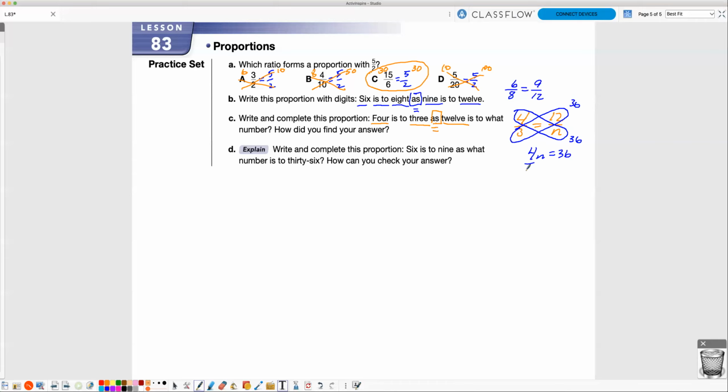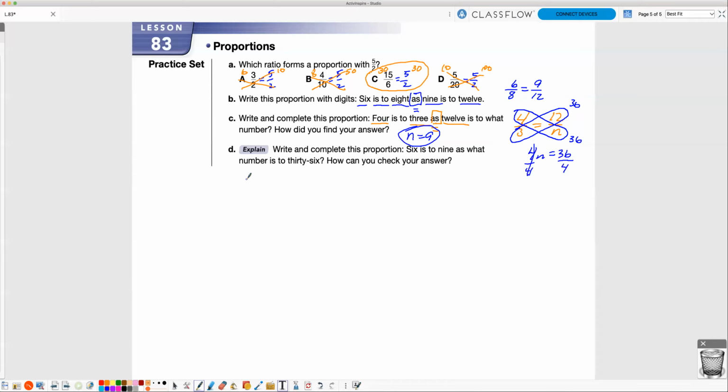And if I divide this side by 4 and I divide this side by 4, I end up with 1 times n. And now n by itself equals 36 divided by 4. That means n equals 9. That'd be my final answer. I should have this proportion, and n equaling 9, you could rewrite the proportion: 4 is to 3 as 12 is to 9.